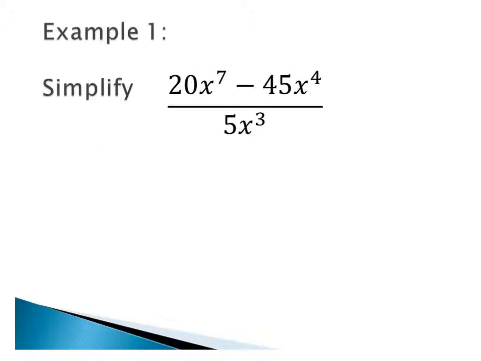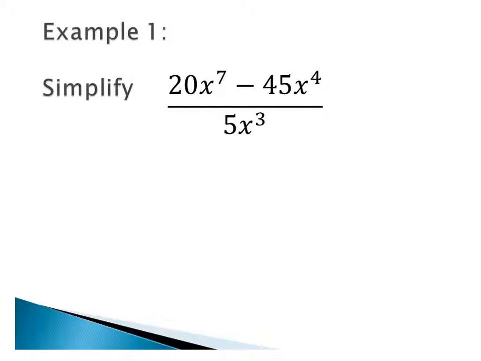Here in our first example, we want to simplify 20x to the 7th minus 45x to the 4th, all divided by 5x to the 3rd. We have a monomial, or one term in the denominator, and we have two terms in the numerator separated by subtraction. So again, when we have one term in the denominator and multiple terms in the numerator separated by addition or subtraction, we can split these fractions up.